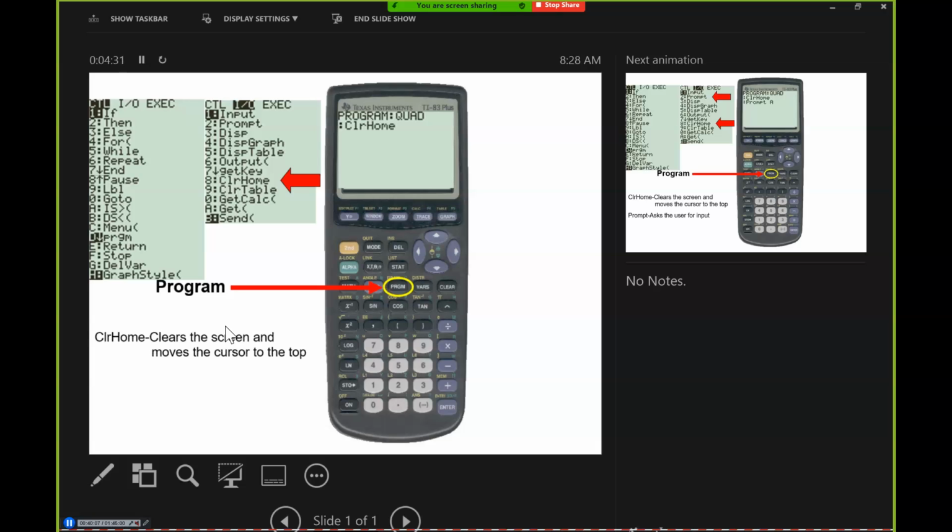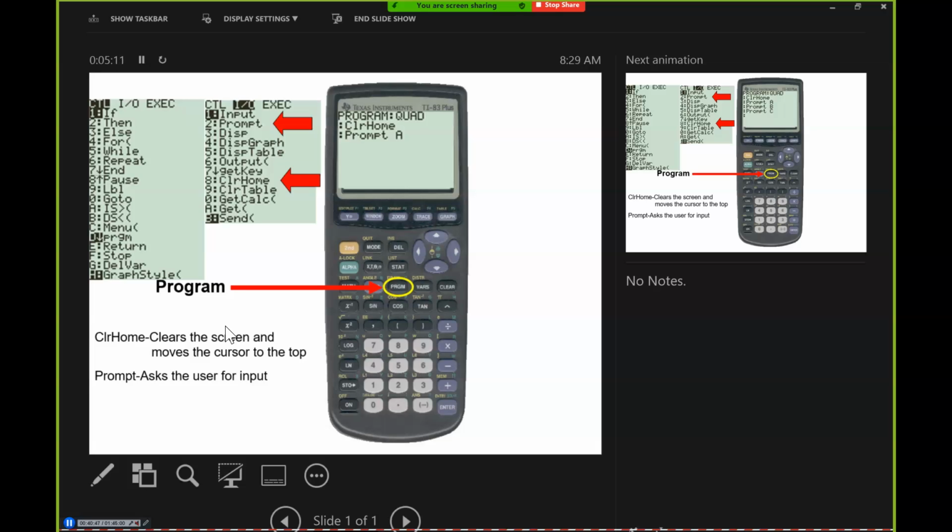So now, once you've selected the clear home command, your screen should look like that, where it should say clear home. And go ahead and press enter to move to the next line after that. So your cursor should be below the clear home statement. Anybody have issues to this point? What this command does is it basically just clears the screen so that it looks nice when it displays at the end.